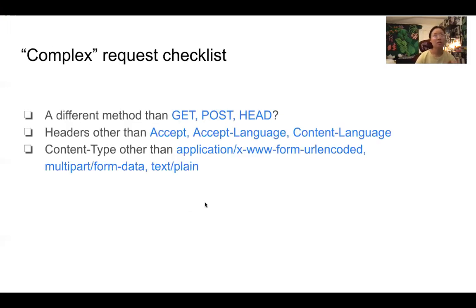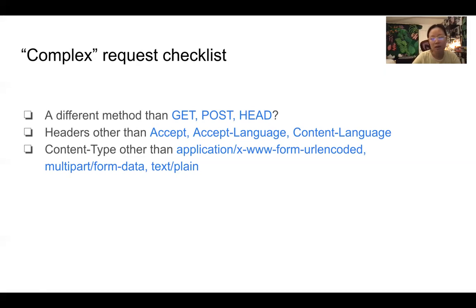So this options pre-flight request gets sent whenever something is deemed slightly complex. And we're not going to get too deep into it, but just to get an idea of what that is, there's a checklist you can go through. So first, is it a different method than get or post or head? So anything kind of a little bit out of the ordinary.